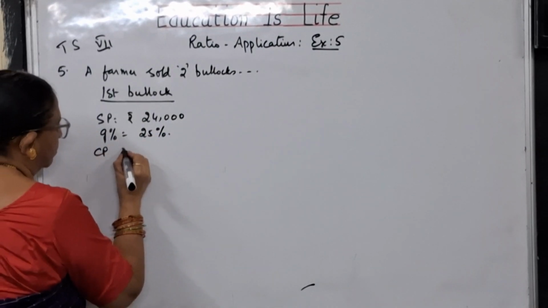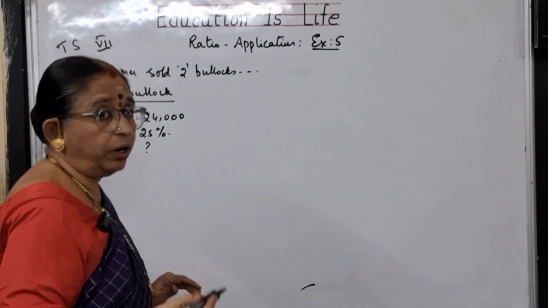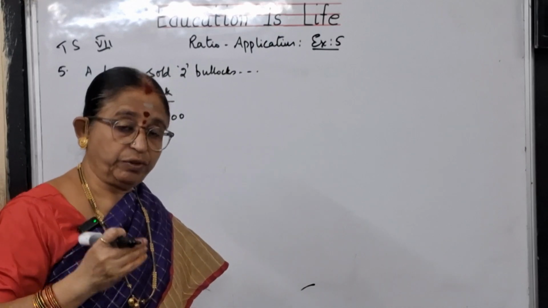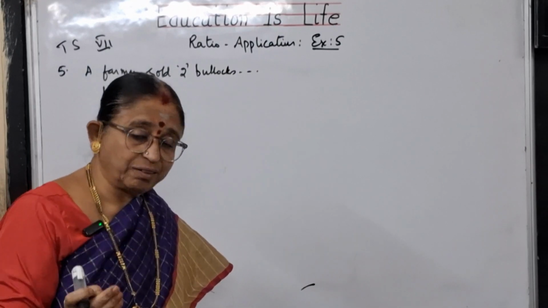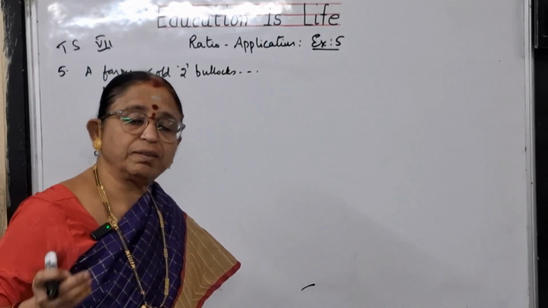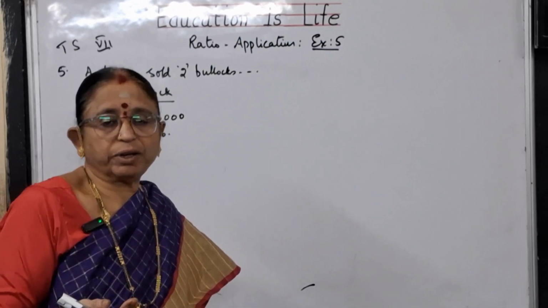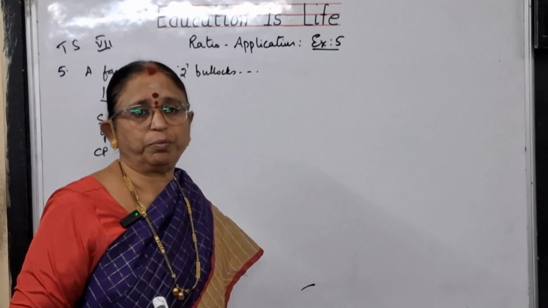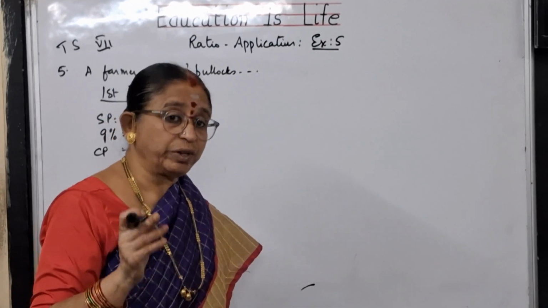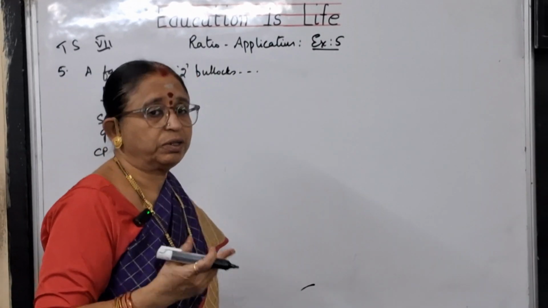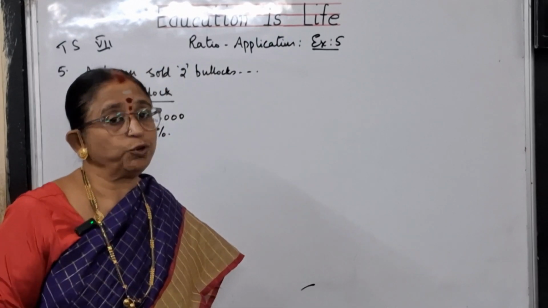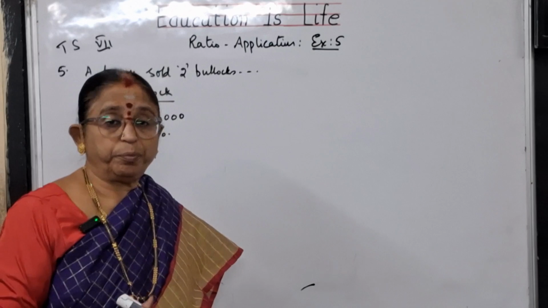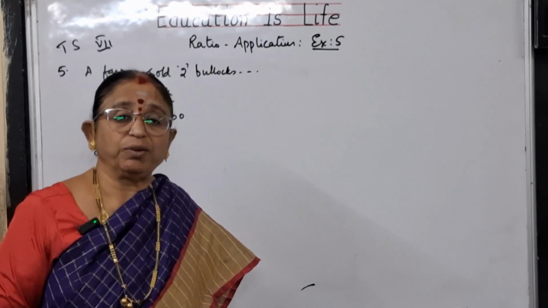So find out what the cost price is, because on the whole gain or loss percentage means for 2 bullocks, what is the cost price and what is the selling price. If you know, then only you can find out whether it is profit or loss. Of course, selling price is given in your problem. They said that 2 bullocks, each one has been sold for 24,000. So we know the selling price of 2 bullocks but we don't know the cost price. So for each bullock we have to find out the cost price.